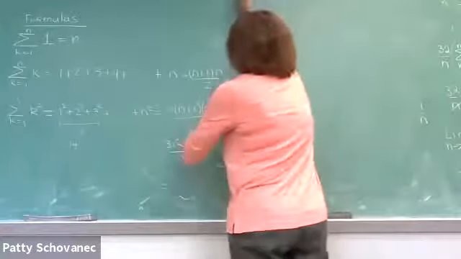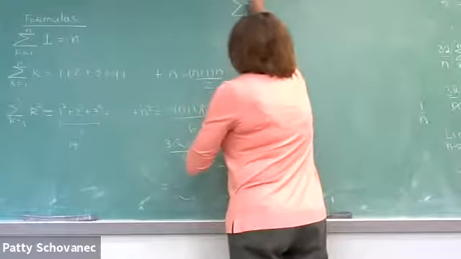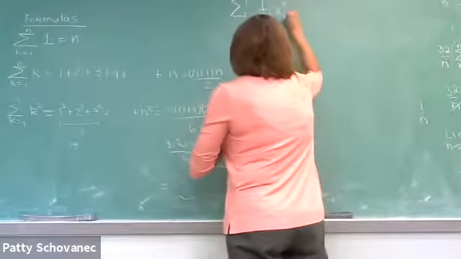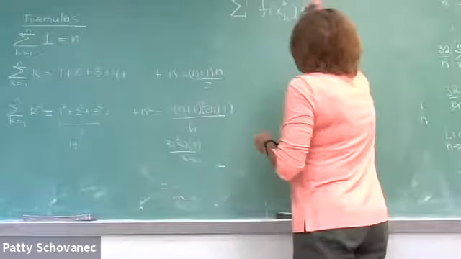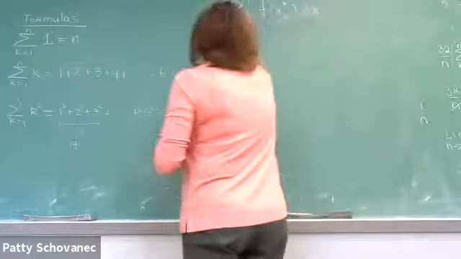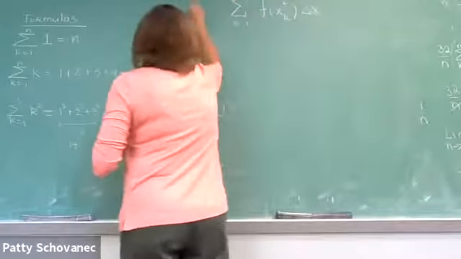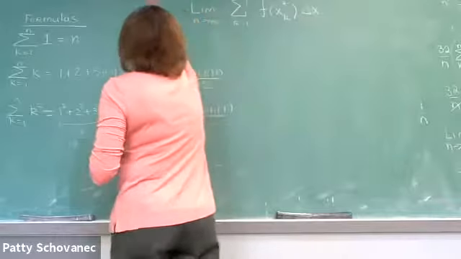So we're going to say that in general, the Riemann sum of f at some special x star, we're summing it up over k, times delta x, and we're going to let k go from 1 to n, and then take the limit as n goes to infinity.